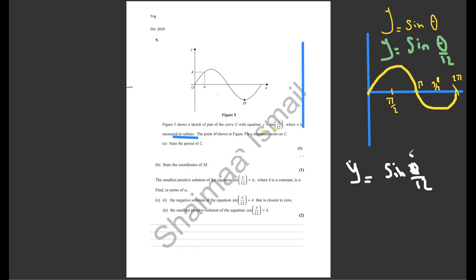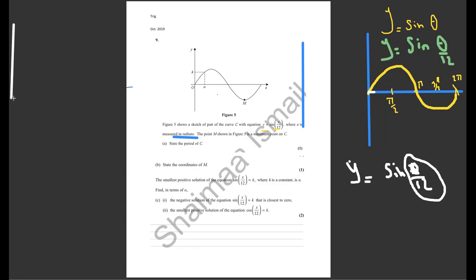This belongs to the x-axis because it's between brackets, and anything inside the bracket belongs to the x-axis. So what we're going to do is flip the operation. Here it is divided by 12, so we're going to make it multiplying by 12. So every theta, we are going to multiply it by 12 and write the new theta here.